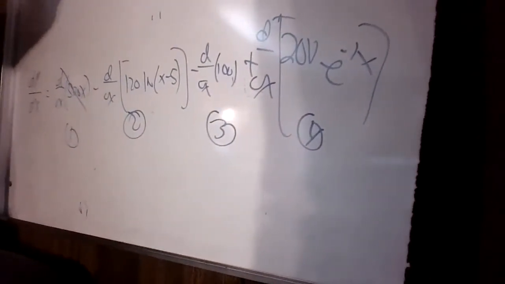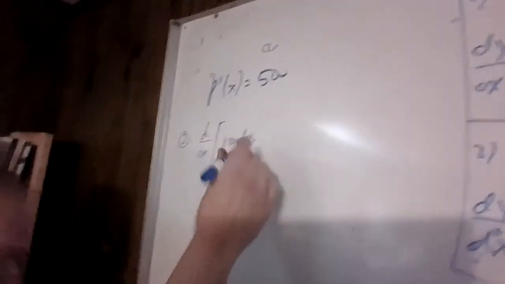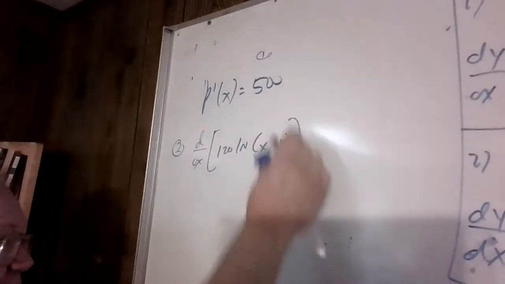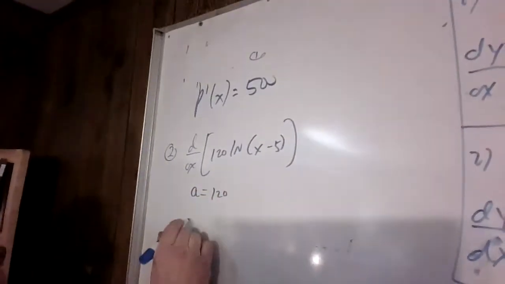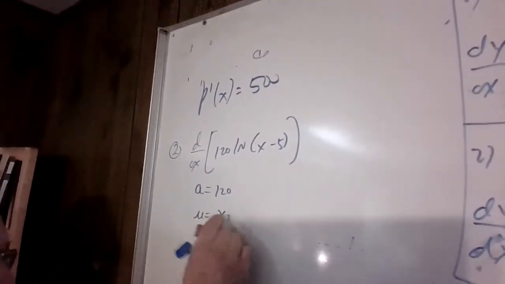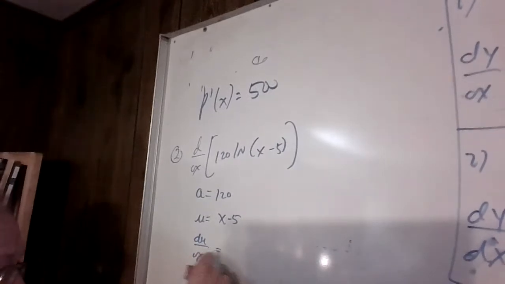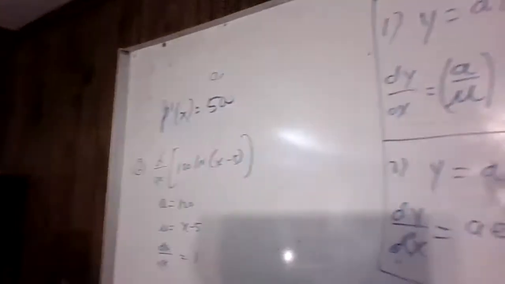So the second term, d dx of 120 natural log of x minus 5. Okay, here we have a equals 120, u equals x minus 5, and du dx equals 1. Go into the log rule.